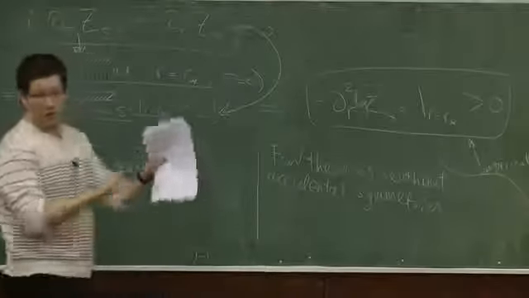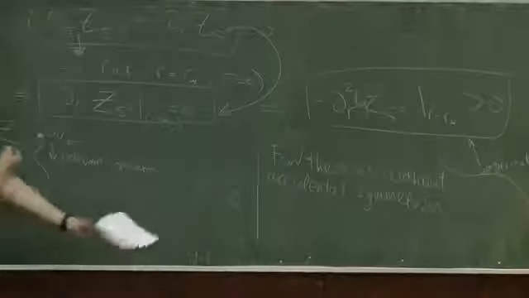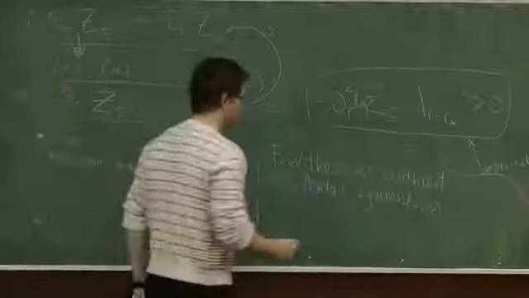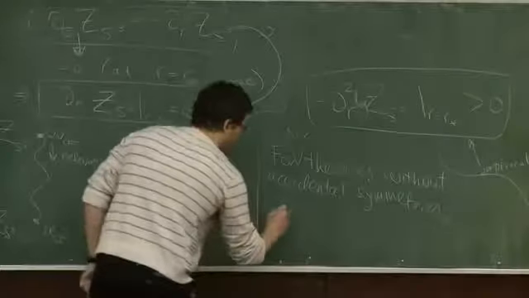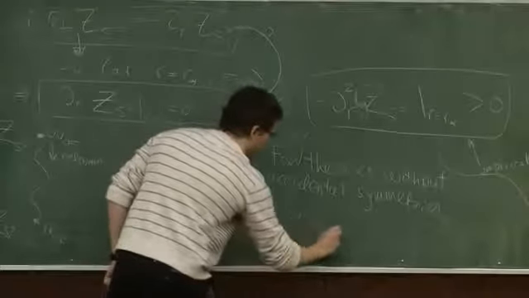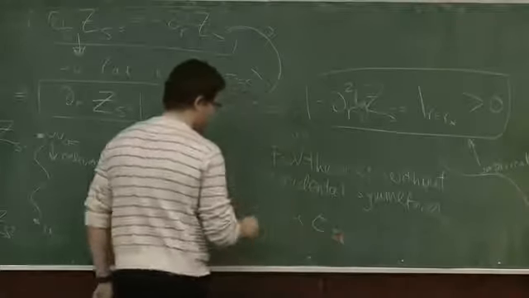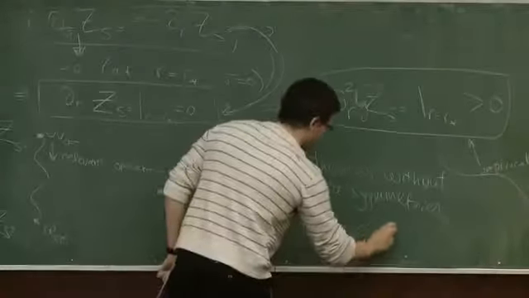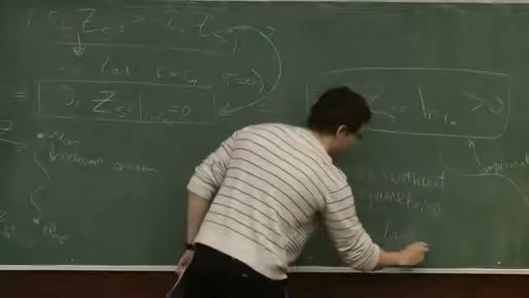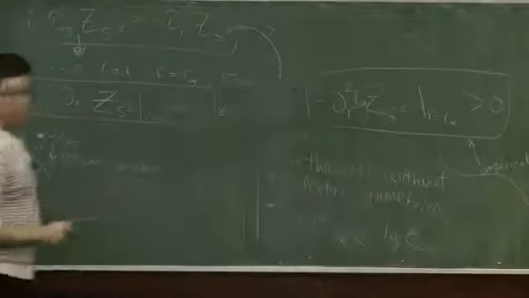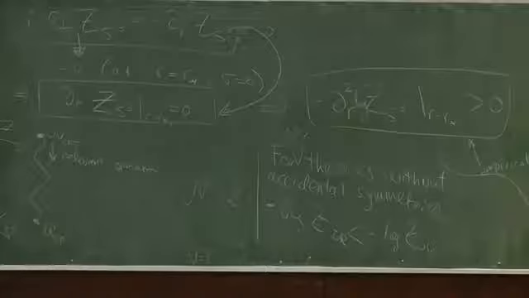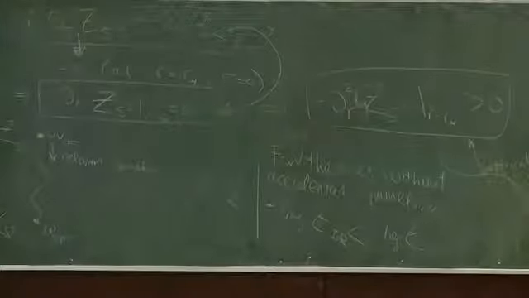Then you would not have time to generate a new accidental symmetry. So for N=2 theories without accidental symmetries, we find that log of Z in the infrared minus log of Z in the UV is smaller than minus log of Z in the UV. Okay? So you see that for N=2 theories in 3 dimensions, if you assume that there are no accidental symmetries, one can make a pretty strong case for this F theorem.